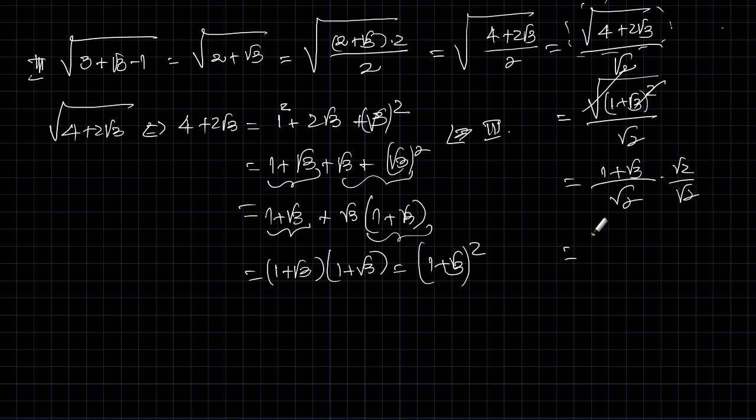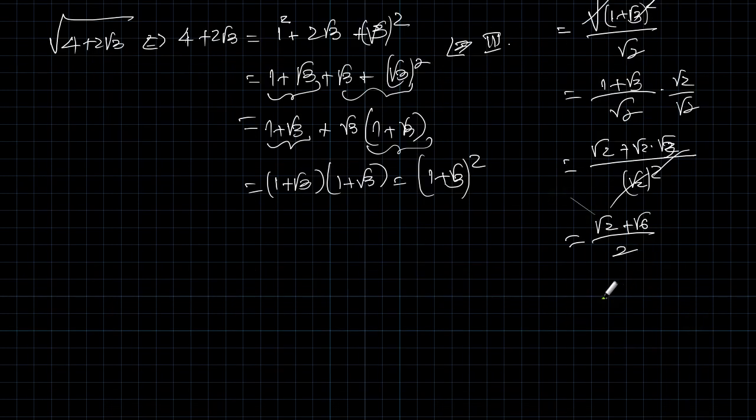So this is square root of 2 plus square root of 3 times square root of 2, and square root of 2 squared is 2. It will give me square root of 2 plus square root of 6 over 2. So the response is this. We can write this as square root of 6 plus square root of 2 over 2.